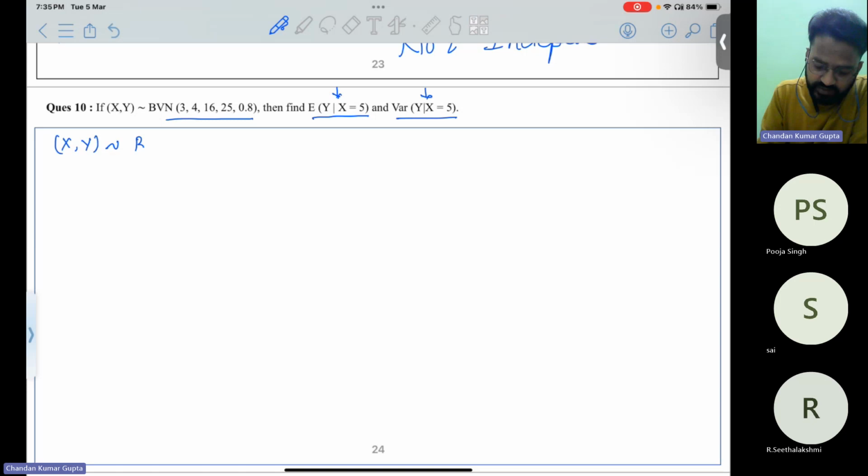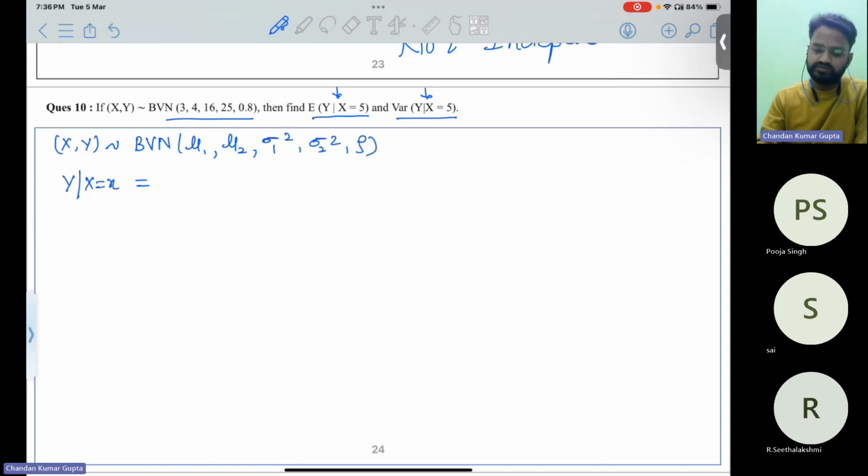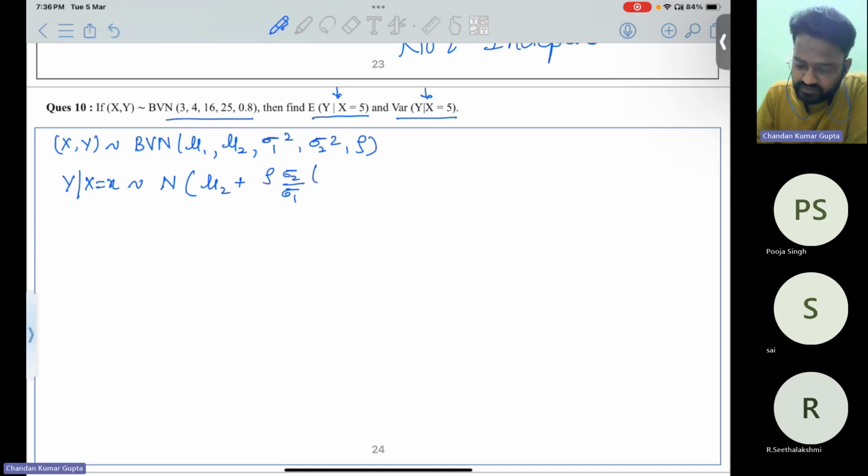If xy follows bivariate normal distribution with mu1, mu2, sigma 1 square, sigma 2 square, and rho, then y given x equal to x follows normal distribution with mean mu 2 plus rho sigma 2 upon sigma 1 times (x minus mu1), and variance sigma 2 square (1 minus rho square).